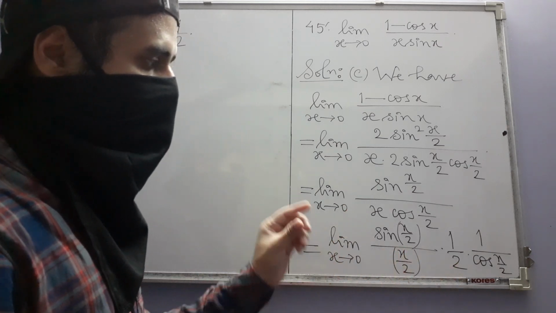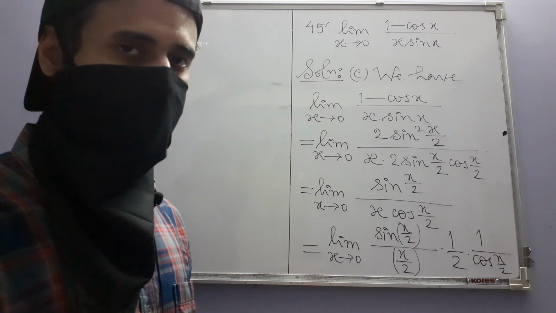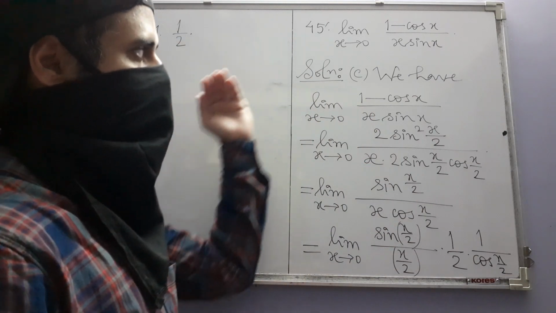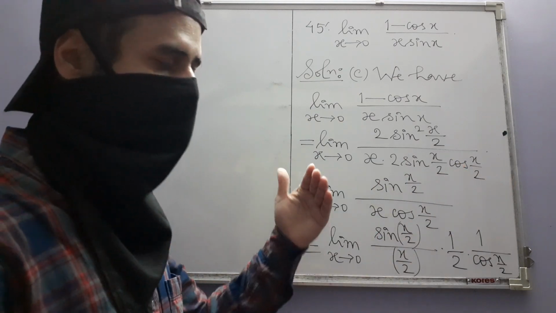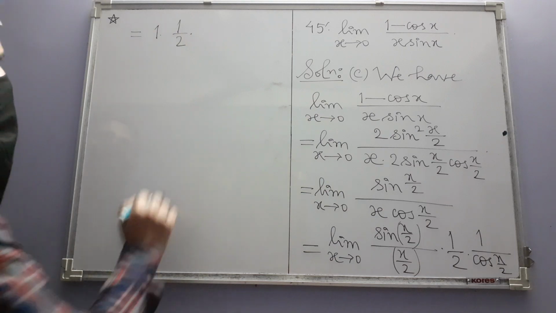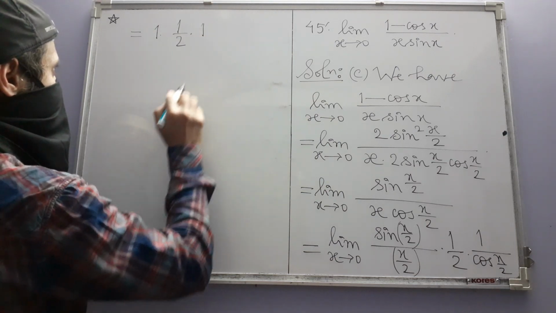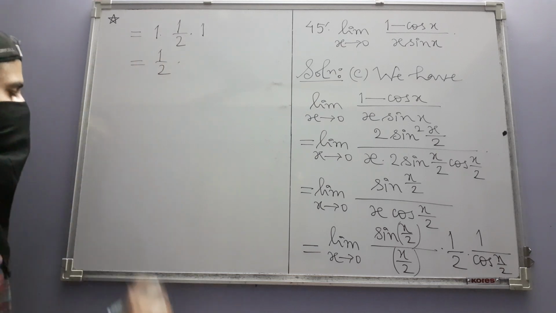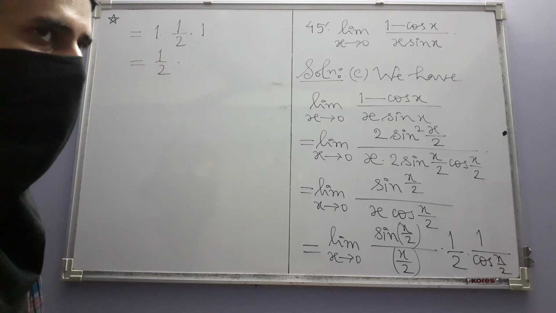And when the argument is close to 0, cosine value is close to 1, because the cosine curve goes like this, and it gets the maximum value 1 at x equal to 0. So the limit is 1. So that means the final limit is 1 over 2.